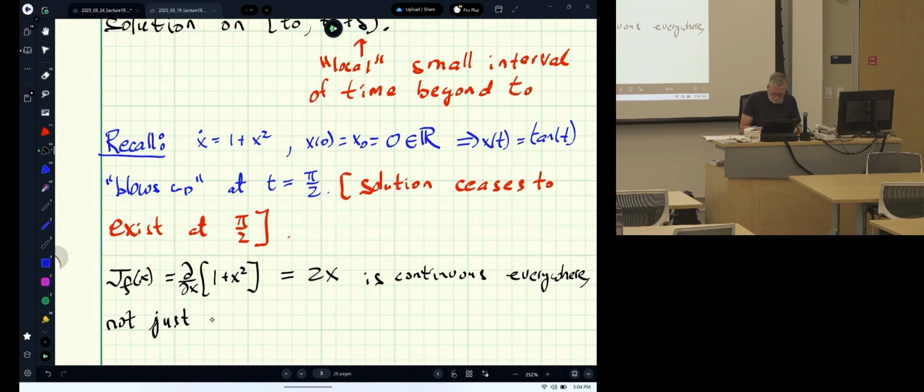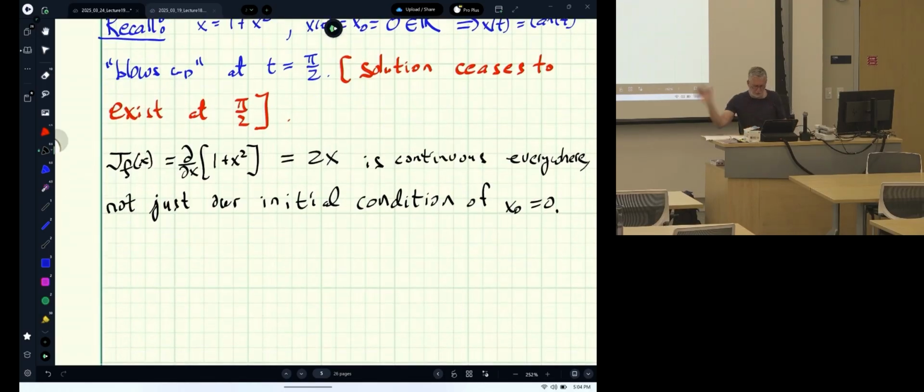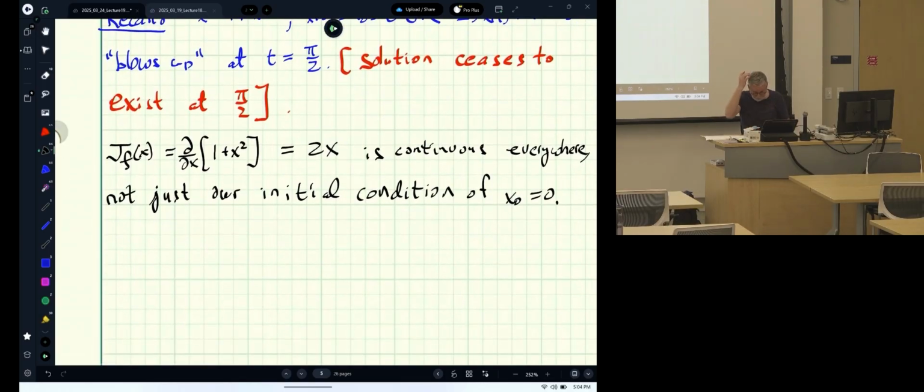Not just near our initial condition of x0 equals 0. So you could take any other initial condition, pi, 3/4, 200, minus 368. You could take all those initial conditions and the solution will exist for a small interval of time. So, conclusion.